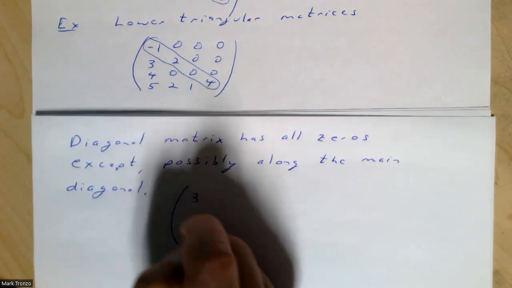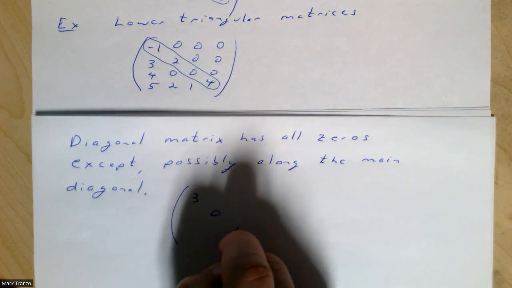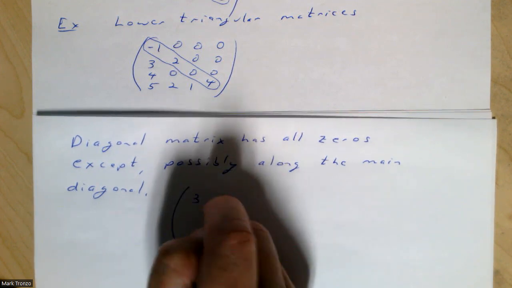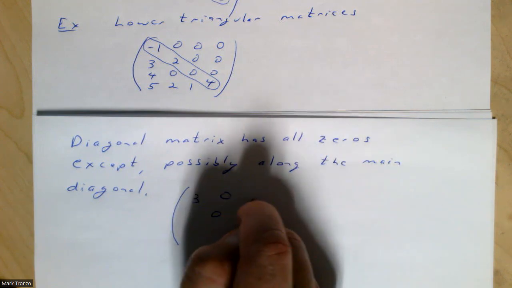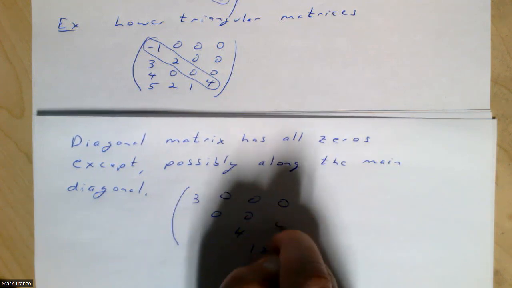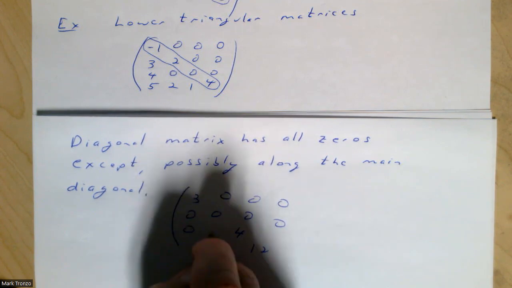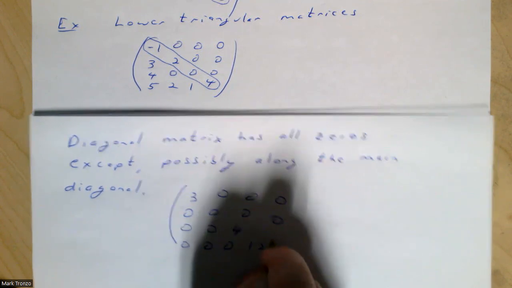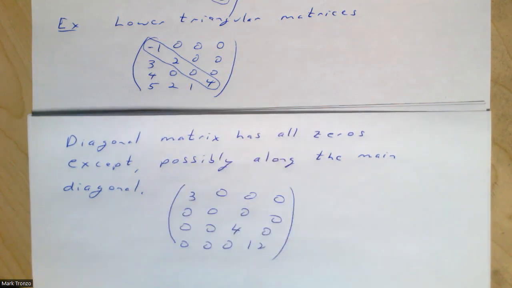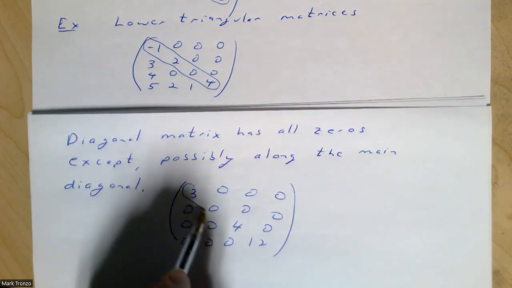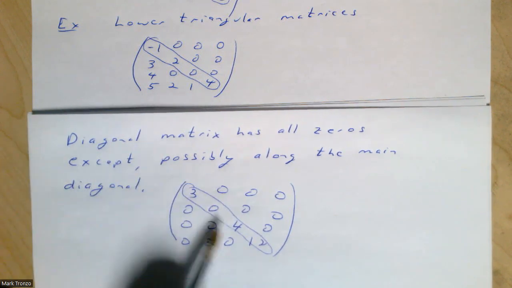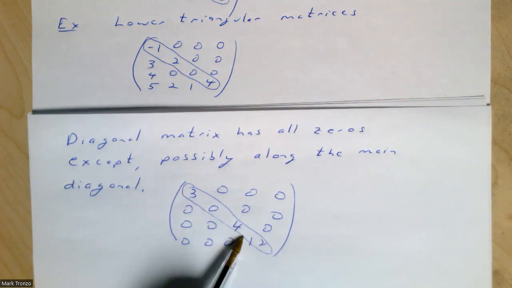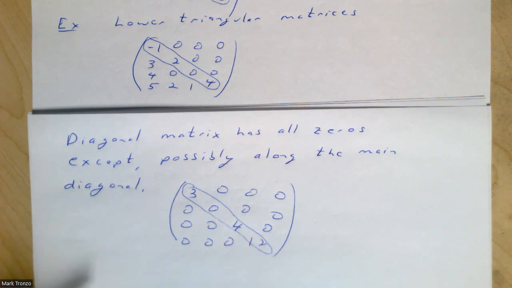So, 3, 0, 4, 12. This would be an example where you possibly could have some non-zeros here. So these could either be all non-zero, some of them non-zeros, or all zeros along the main diagonal. But everywhere else, they have to be zeros for it to be a diagonal matrix.